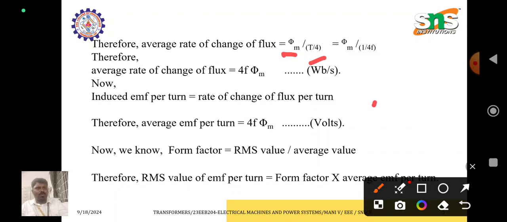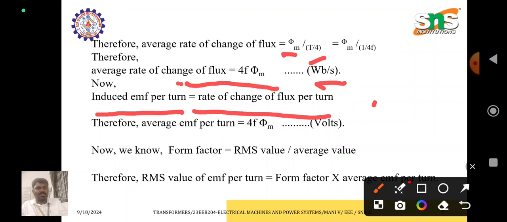So phi m divided by 1 by 4F, the denominator is taken into the numerator. Therefore the average rate of change of flux is equal to 4F phi m Weber per second. For the induced EMF per turn, we consider only one turn, so the rate of change of flux per turn is the same, 4F phi m.